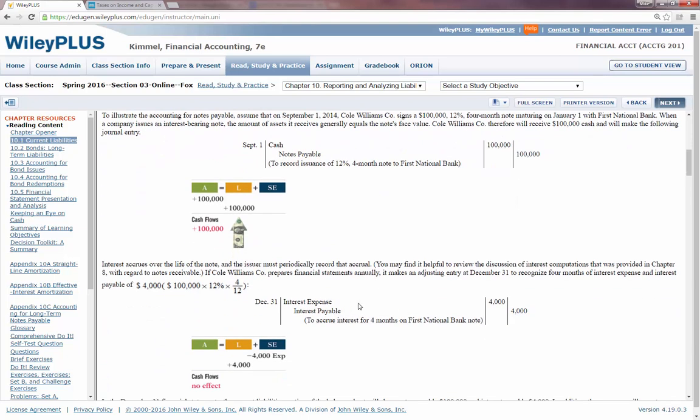Also making a journal entry for an interest payable, which would be an adjusting entry to accrue interest for a certain number of months. Almost always those questions give you the terms of a note, the face amount, when it's due, and it'll always be due in the following year, and then it will say at December 31st, what is the adjusting entry, where you have to multiply the face amount times the rate times the time, the time being the number of months that the note has been accruing interest.